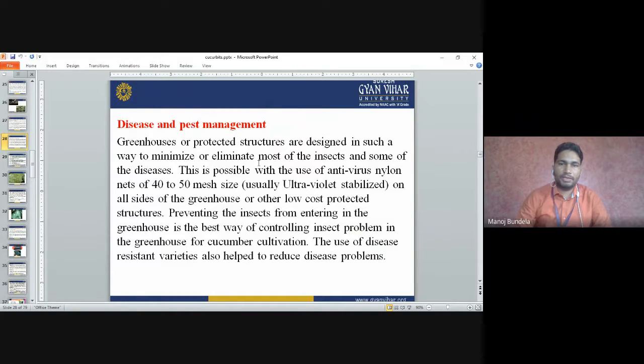We use the nets so that the insects that spread viral disease will not enter the greenhouse. All sides of the greenhouse are under the low-cost protected structure. Preventing insects from entering the greenhouse is the best way of controlling the insect problem in cucumber cultivation. The use of disease-resistant varieties also helps to reduce the disease problem.